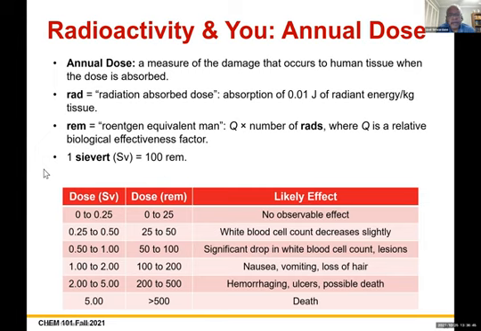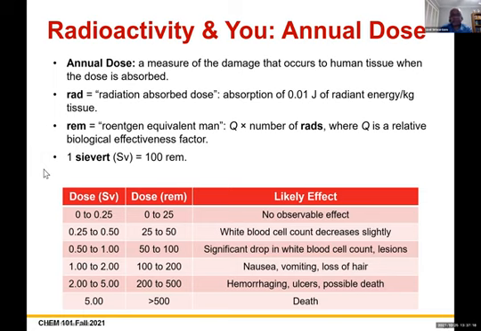So REM-wise, 25 to 50, white blood cell count decreases slightly as you get exposed to higher dosages. 50 to 100 REM, significant drops in white cell count. 100 to 200, nausea, vomiting, loss of hair. 200 to 500, hemorrhage, ulcers, possible death.